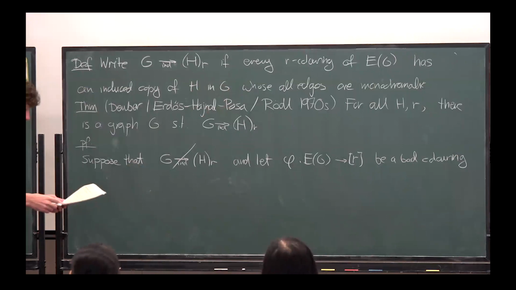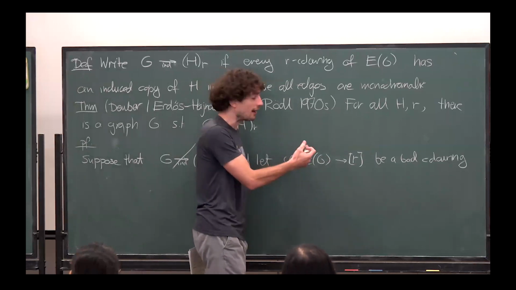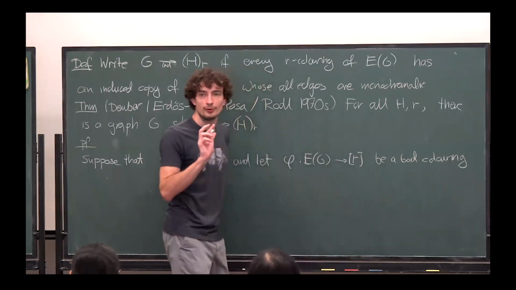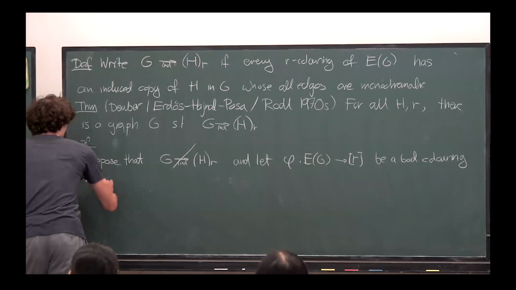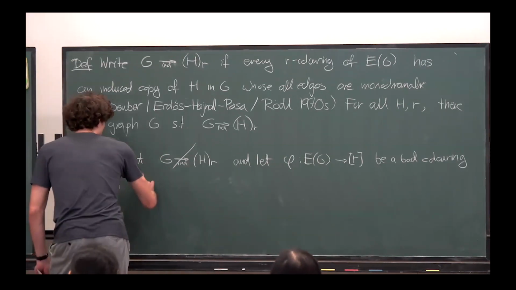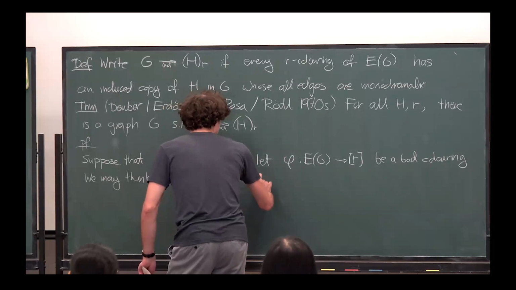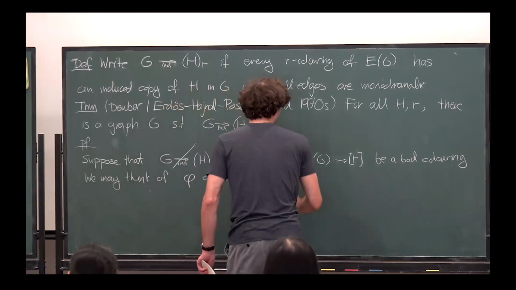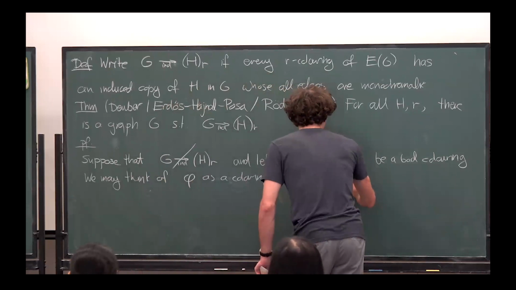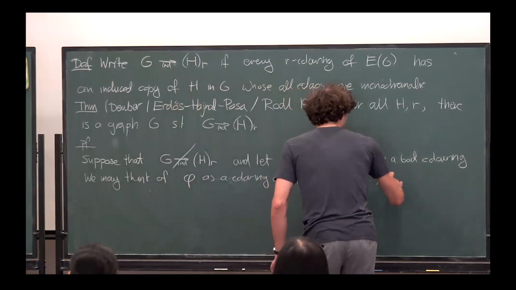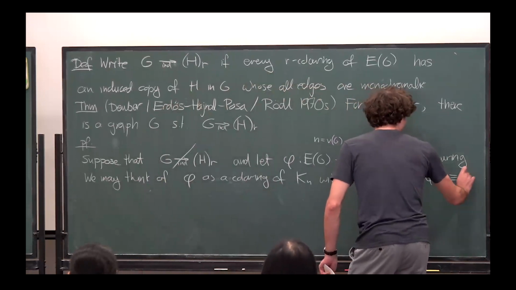And now we may think of phi as being a coloring of the complete graph, where we additionally use the color 0 to color all the edges of the complete graph which are not in G. So we may think of phi as a coloring of the complete graph on n vertices, where n is the number of vertices in G, with the colors now 0, 1, up to r, where we color the edges not in G by 0.